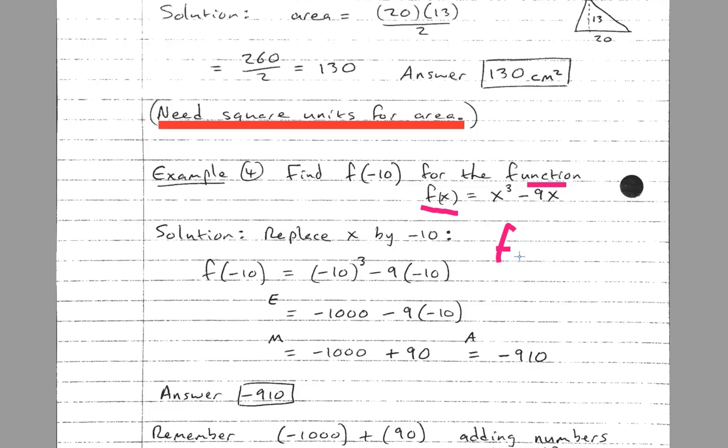Functions are just given by formulas. So f is the name of the function, x is what goes in, and then what comes out is x cubed minus 9x.